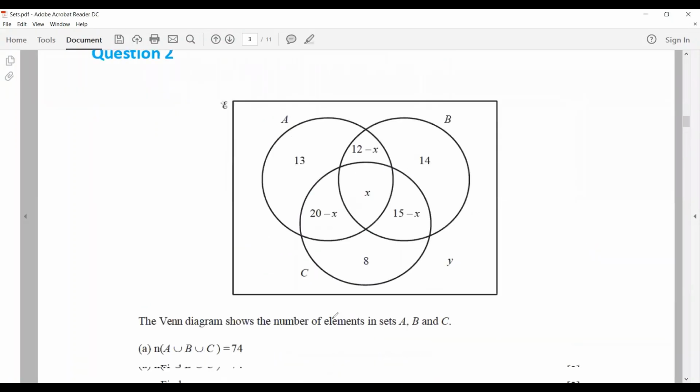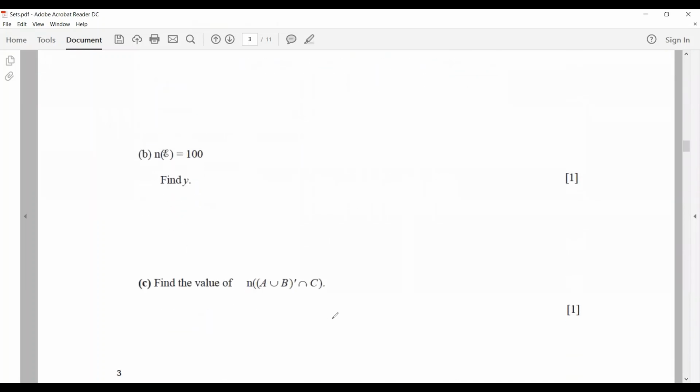Or there is a part C to this question. Find the value of N union. So we have to find inside the bracket first, and then the complement of that, and then intersect with C. So let's get back to the Venn diagram.